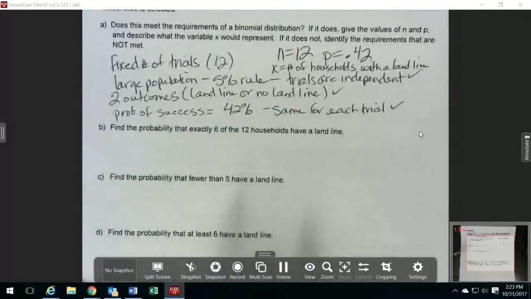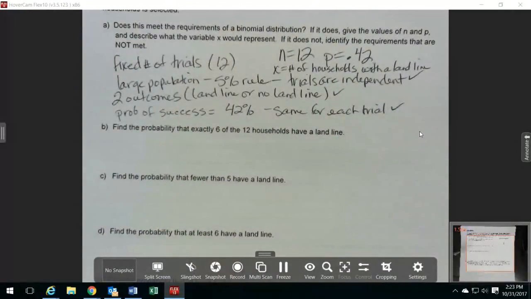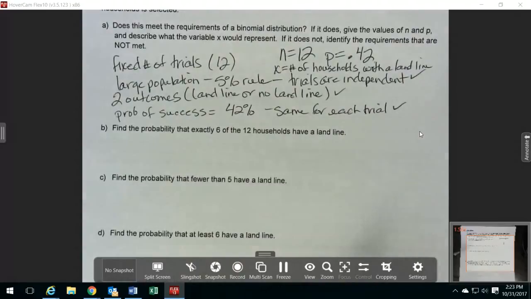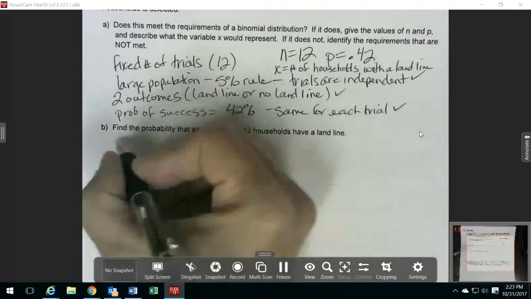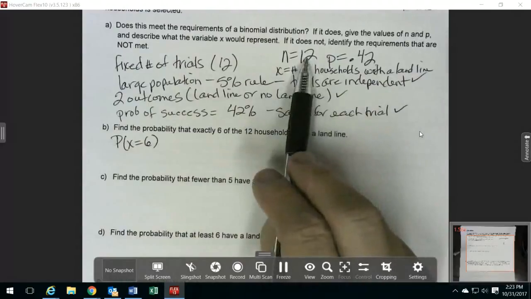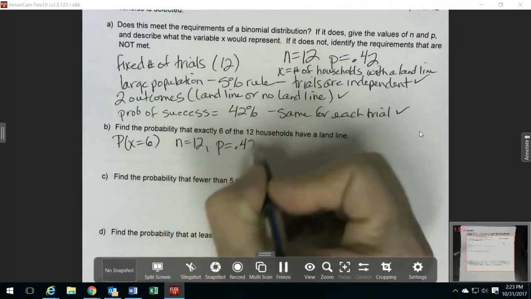Okay, so then we can do some of these probability problems. And here's where you really have to think about these. If you have something that looks like a binomial experiment, then you have to think about how to do the probabilities and use the binom PDF or the binom CDF on your calculator. For example, with this one, you might see this and say, well, 6 out of 12 means 50%. That's not what this is, because you're actually doing this as a binomial distribution. So this is saying, find the probability that X is exactly 6, with N equals 12, P equals 0.42.